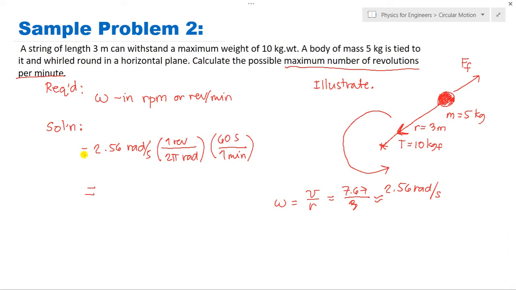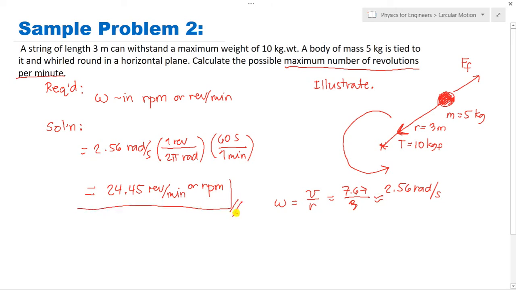We have a final answer in terms of RPM. This is equal to 24.45 revolutions per minute, or RPM. So this would be our final answer.